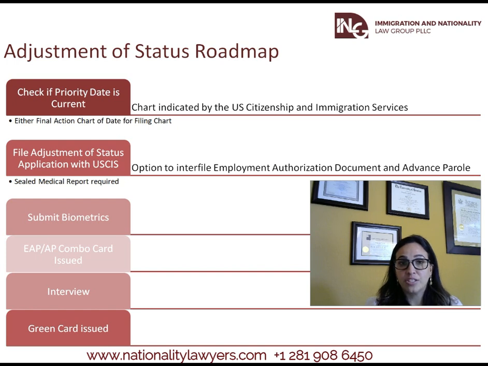The adjustment of status application for people inside the United States brings a huge benefit, which is, as I said, also applying for an employment authorization document and advance parole, which will allow you and your family members to remain in the US, work, and travel internationally while your green card application is pending.